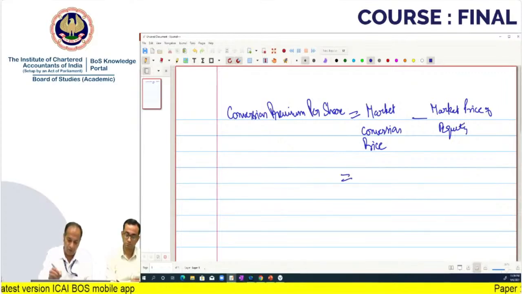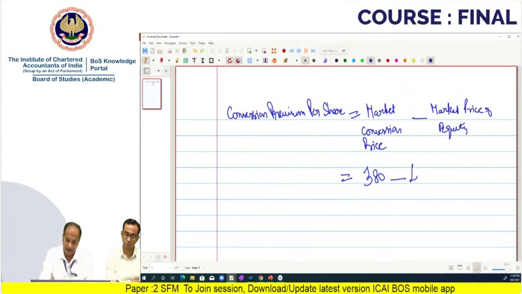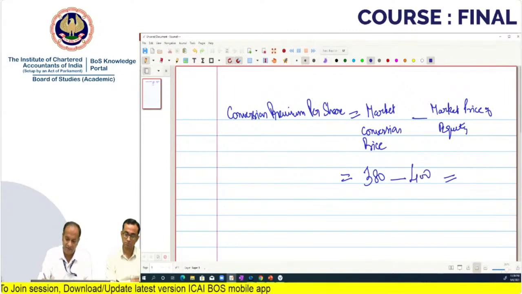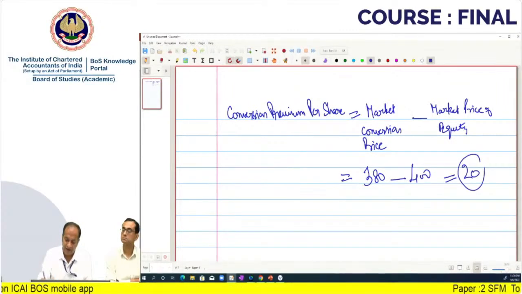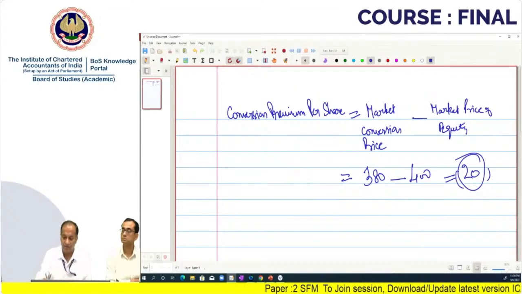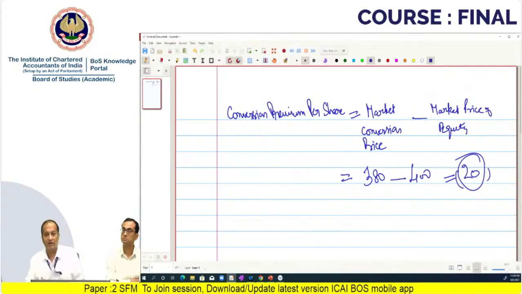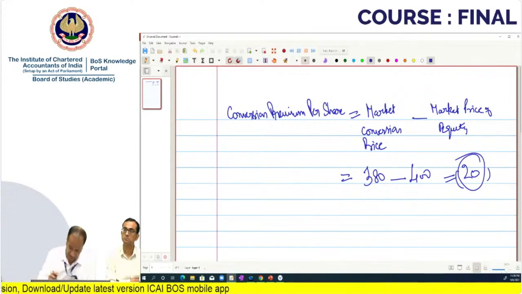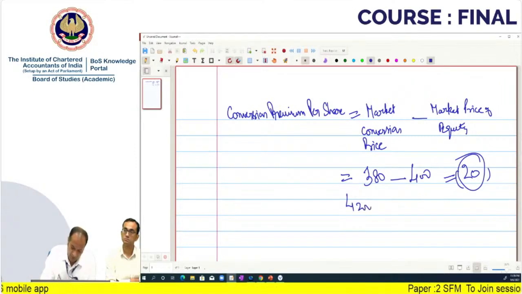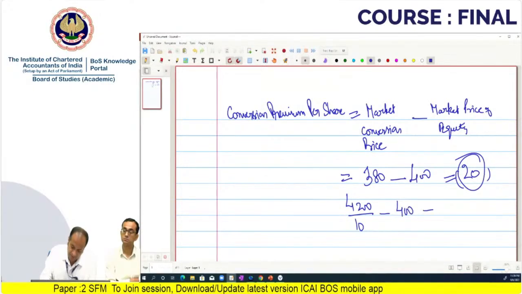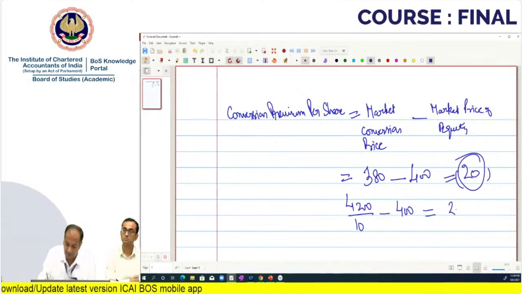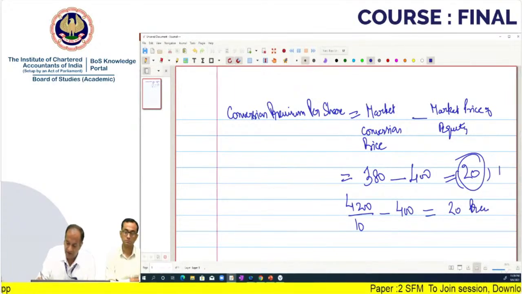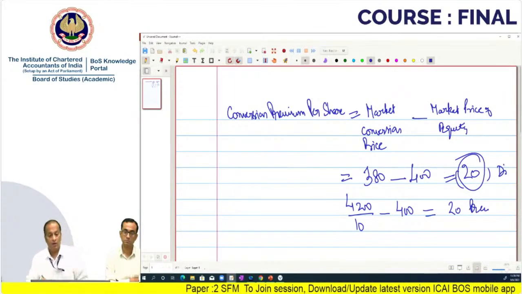Suppose I have paid 3,800 and the market price is 4,000, it means I am not paying a premium, rather I have taken a discount. Now suppose I have paid 4,200 because of this conversion, and it is trading at 4,000 in the market, then of course I am paying a premium. Here it is a premium, there it is a discount.